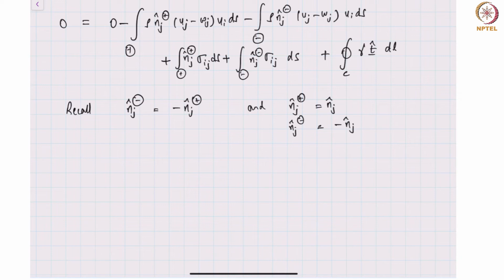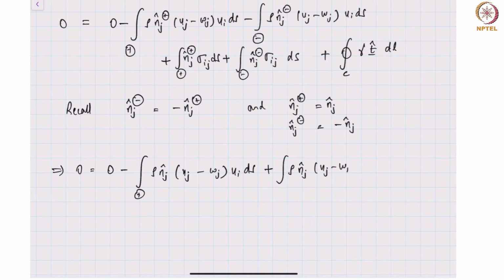So we'll write down all these terms again. On the plus side, rho nj (uj minus wj) uidS. Now I have the minus sign there, so that becomes plus rho nj (uj minus wj) uidS.